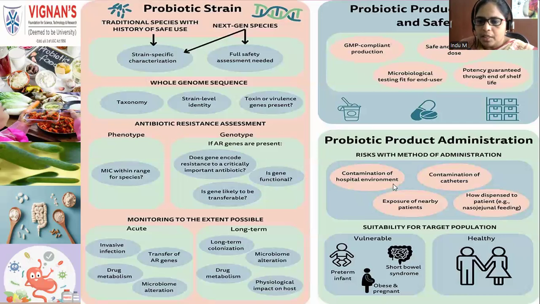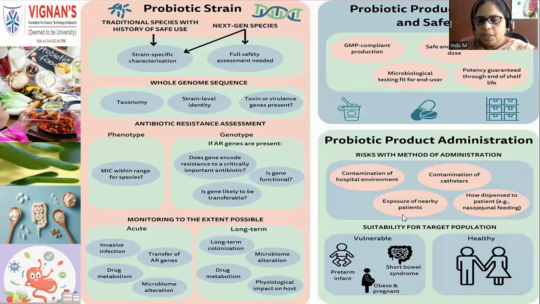Is there any contamination of the hospital environment where the products are preserved and stored for consumers, contamination of catheters and exposure of nearby patients, and how it is dispensed to the patient? Whether it is given by oral, IV, or nasojejunal feeding. So the route of administration is very, very important in terms of safety.